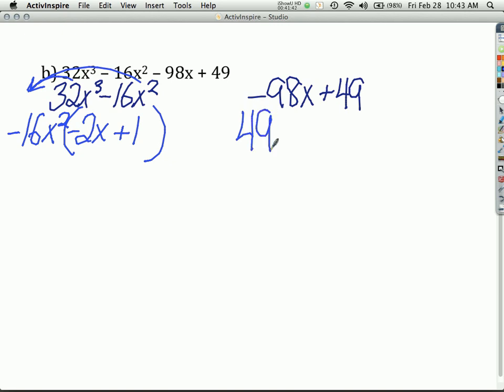49 is a common factor. So factor it out. And what do we have left? John? Negative 2x plus 1.